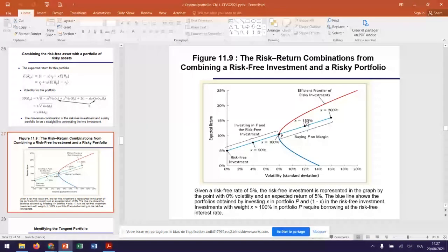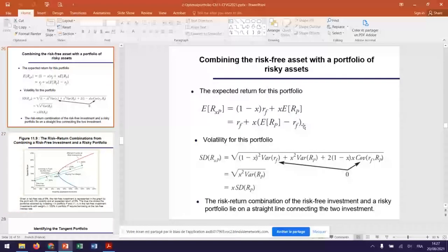As you can see, when you combine with the risk-free asset, you have some kind of linear relationship between volatility and return, as shown in the line.